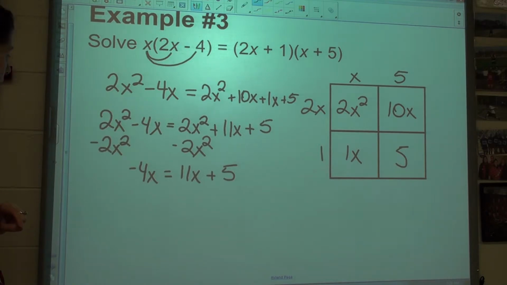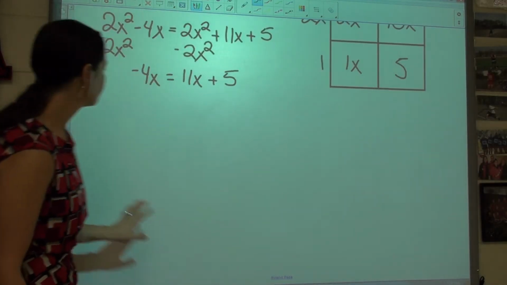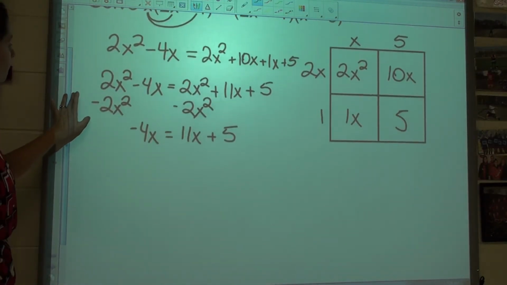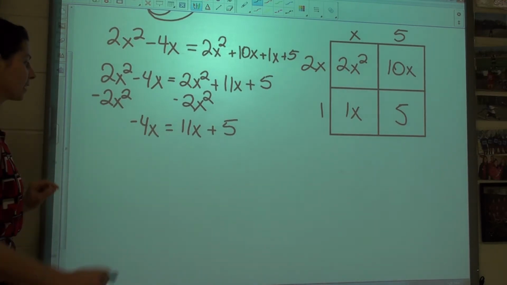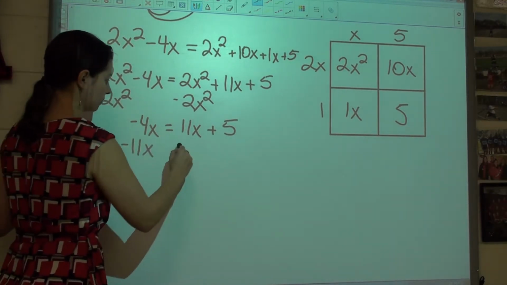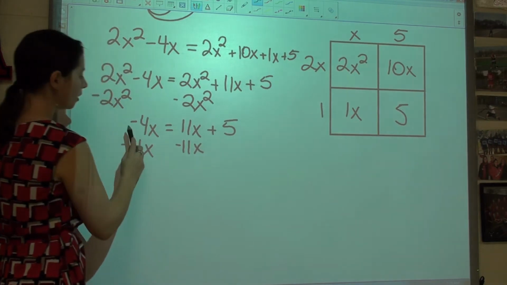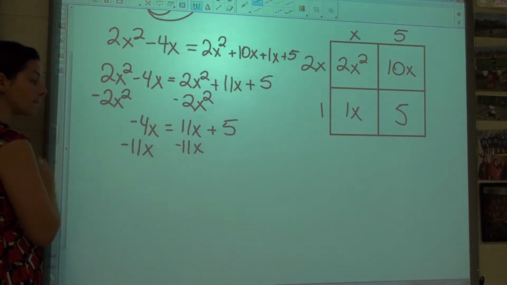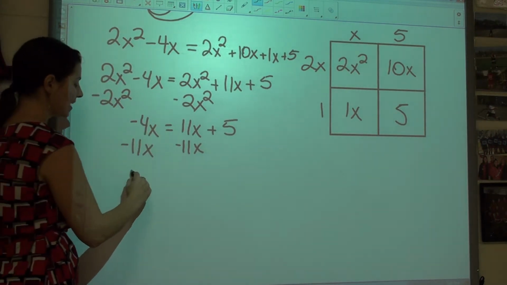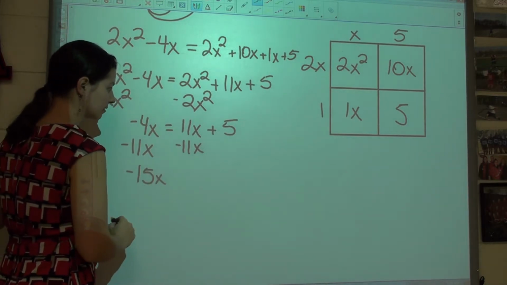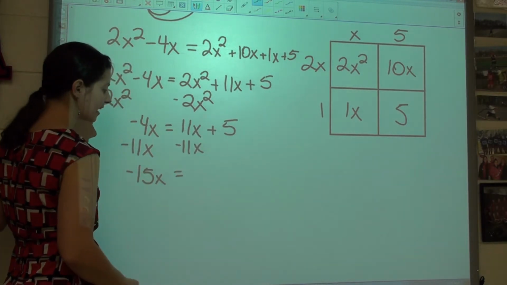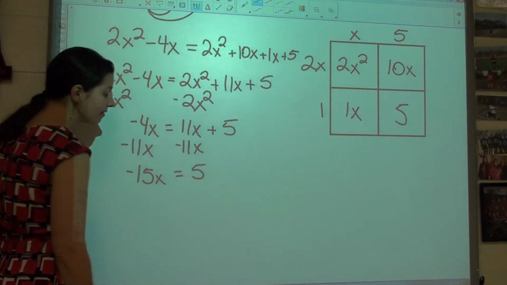So the next thing I'm going to want to do is subtract 11x from both sides. Remember, negative 4x minus 11x is going to give you negative 15x. The 11x's cancel on the right-hand side, so you're left with a 5.